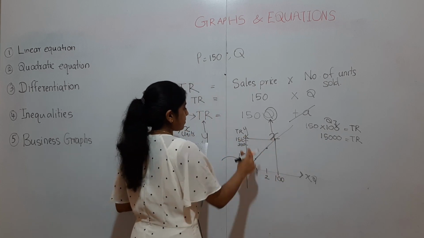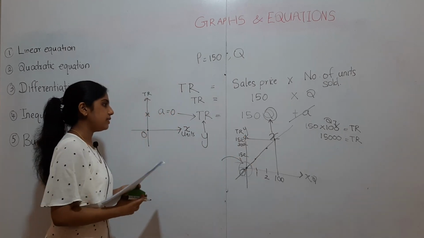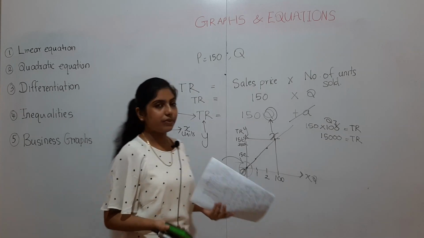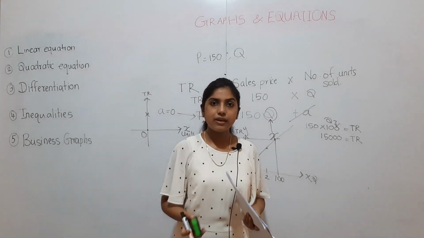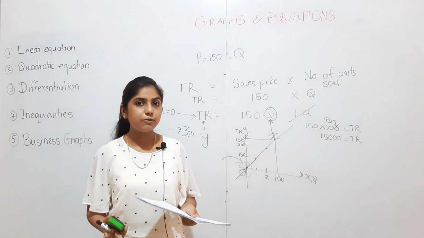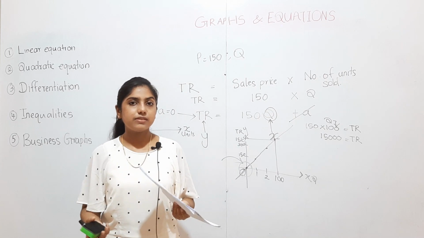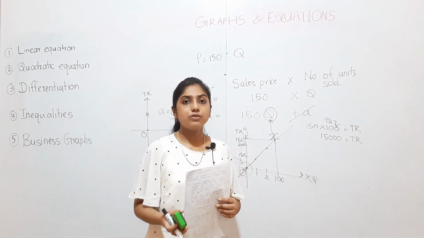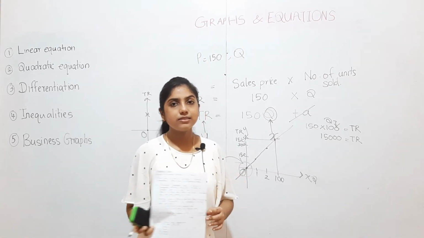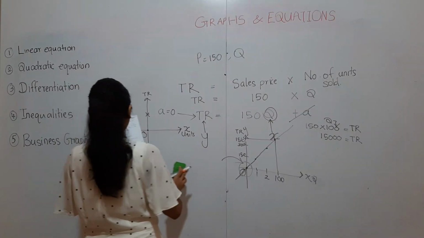This is a revision of what we did on equations, but refer to it and be very familiar, because they will ask you these simple questions. It's very important for you to score marks in these areas because these are very easy areas.